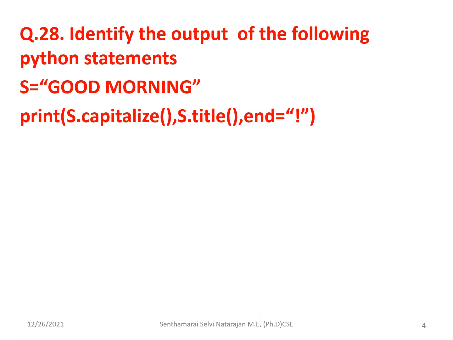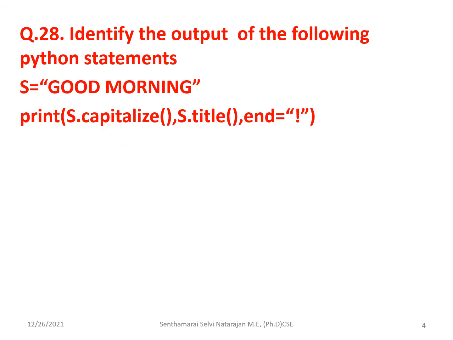Moving to the next question, 28. Here they are asking to find the output. They have given a string "good morning" and then here they are giving print s.capitalize() and then s.title(). You know that capitalize is the function which will be capitalizing the string, that is the first letter will be capitalized and the other letters will be small letters, and in title case you know that for each and every word it will be capitalizing the first letter.